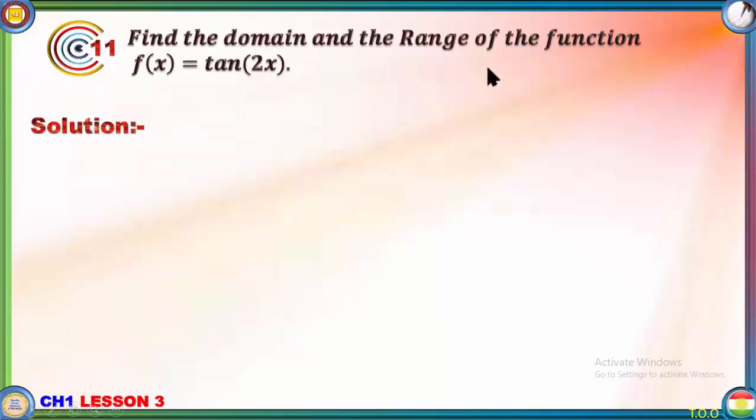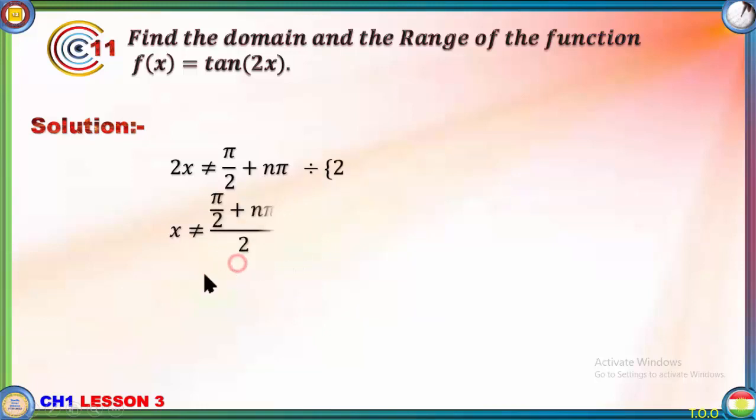Find the domain and the range of the function f(x) equals tangent 2x. Now you have an angle of 2x. Take 2x not equal to pi over 2 plus n pi and divide both sides by 2. Therefore, x is not equal to pi over 2 plus n pi, divided by 2.